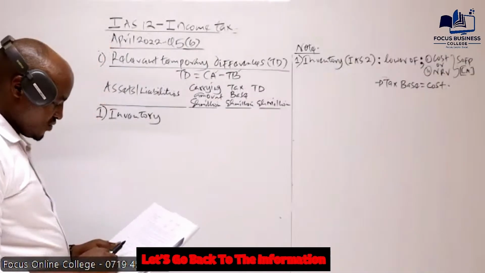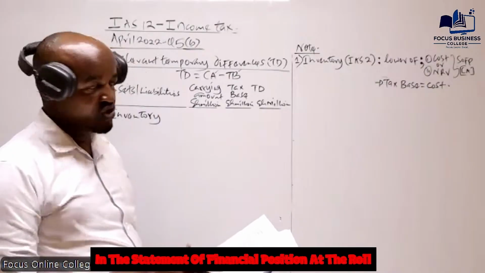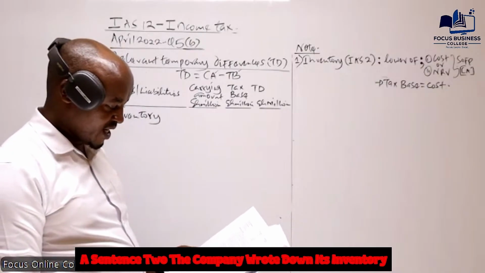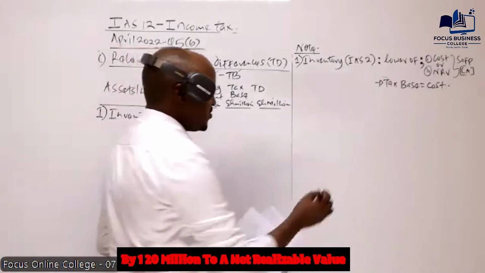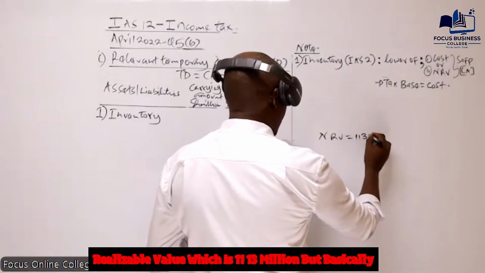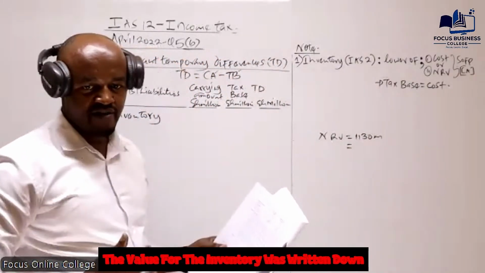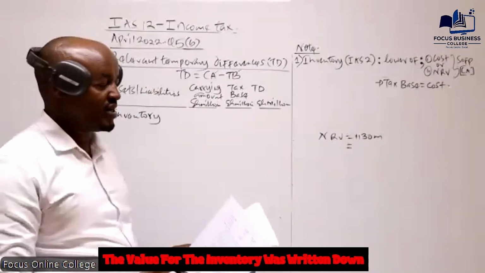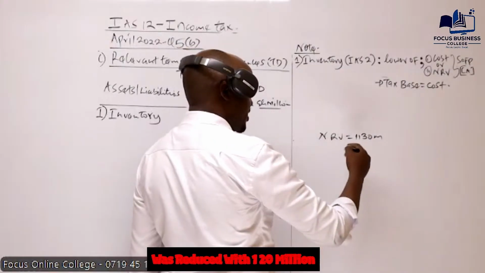Now, let's go back to the information which is given in note 1. We are told the inventory is stated in the statement of financial position at the lower of the two values. Then in sentence 2, the company wrote down its inventory by 120 million to a net realizable value. So we are given the net realizable value, which is 1130 million. But in arriving at this value, the value for the inventory was written down, reduced by 120 million.